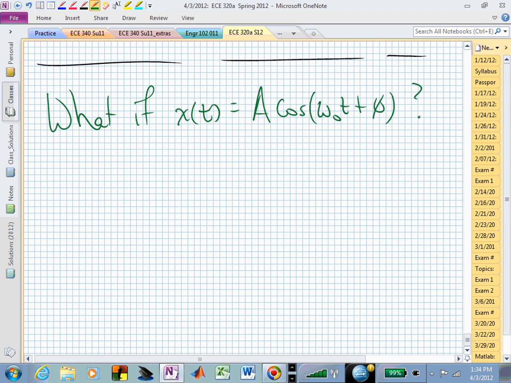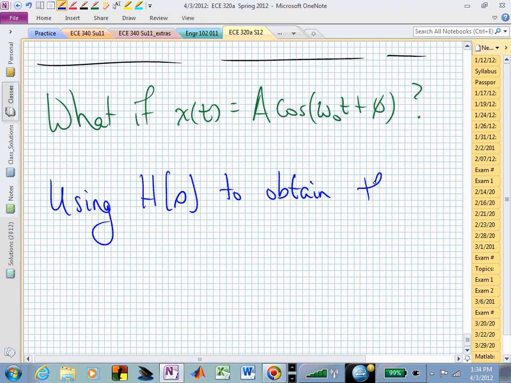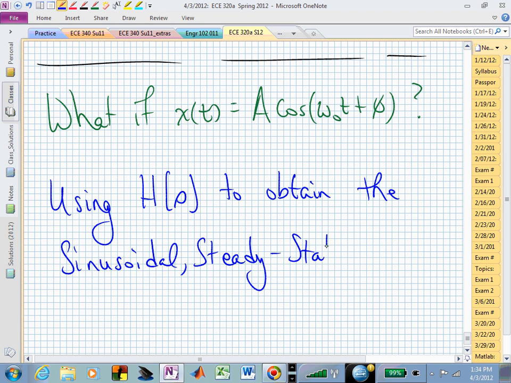This is all in a section of the book, 13.7, but this is using the transfer function, h of s, to obtain the sinusoidal steady state output response.